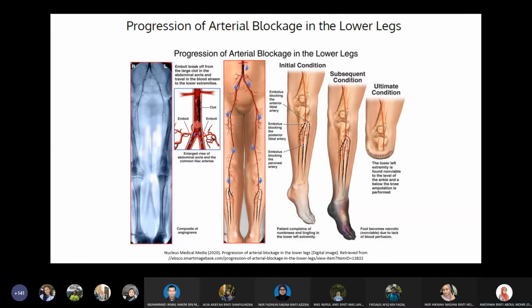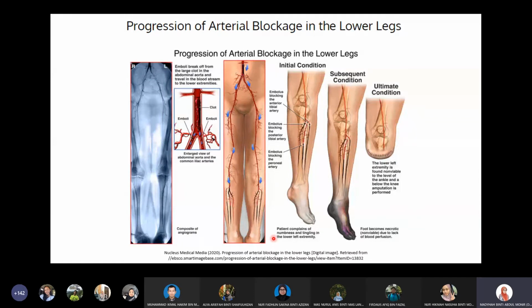So part of the thrombus is dislodged and becomes emboli, and it travels into the lower extremities. As you can see, the abdominal aorta is here, and then the emboli go down to the distal arteries, which are smaller, and when they cannot go further, the emboli lodge.